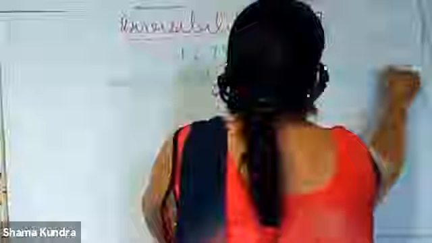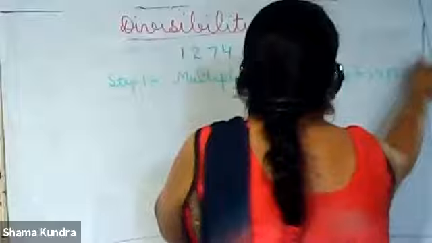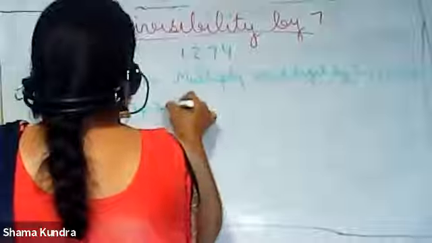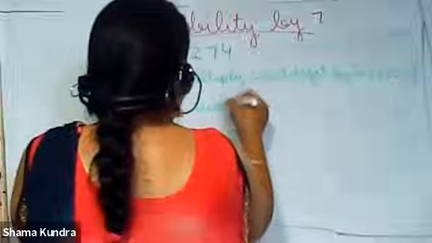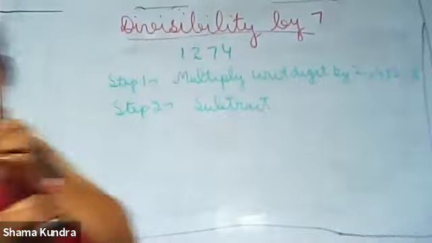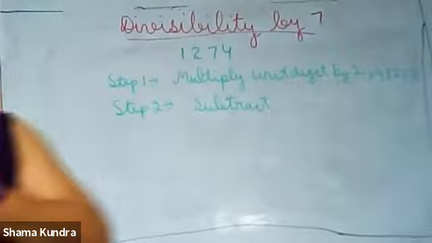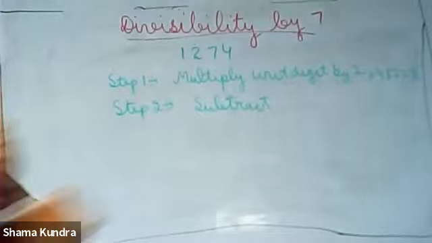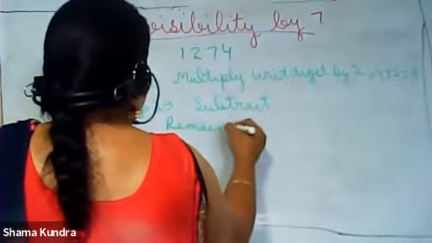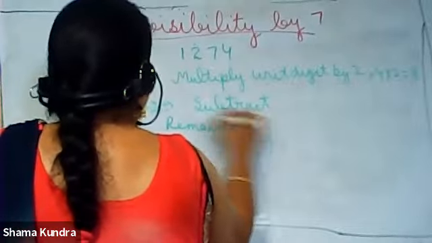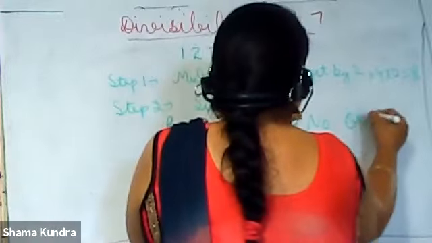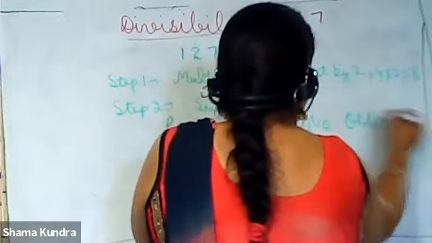So 4 multiply 2, it will be 8. Step 2 is subtract 8 from the remaining digits. Subtract 8 from the remaining digits means the remaining number minus the number obtained in step 1.